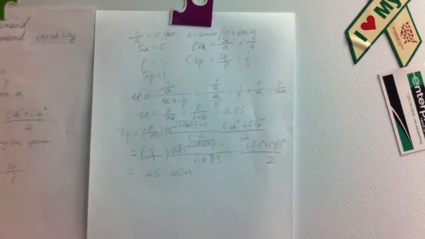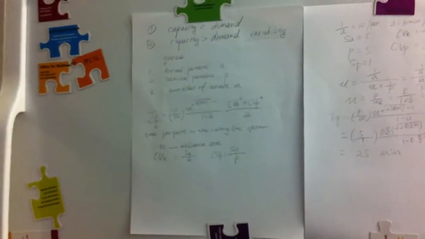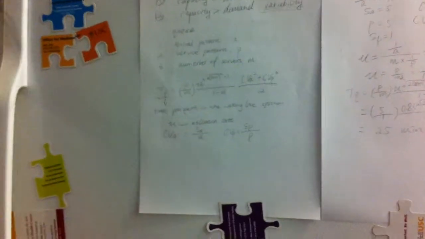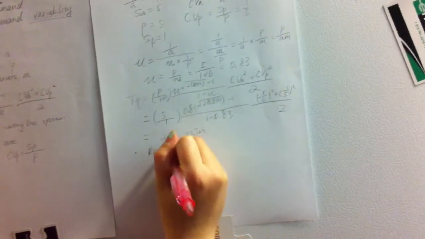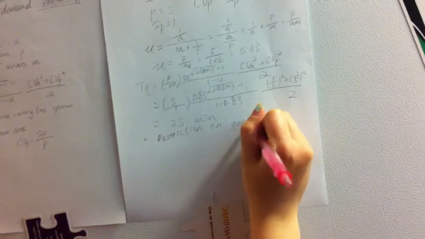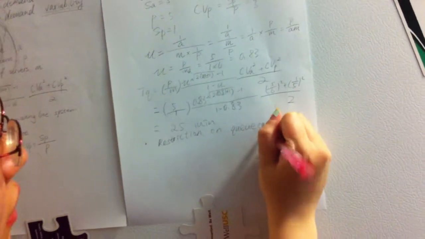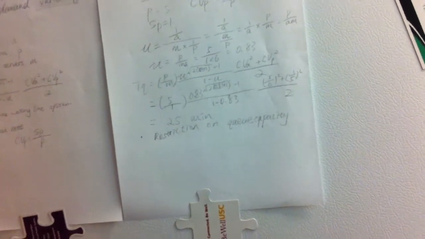Now we've explained the 3 characteristics of the waiting line system. We have 2 left. The 4th one is called restrictions on queue capacity. In other words, how many customers you can accommodate in a line.